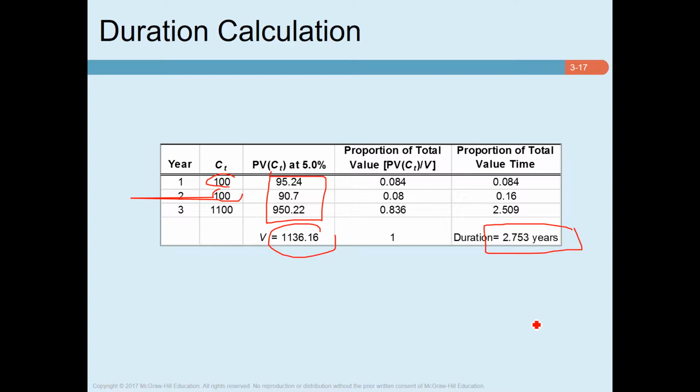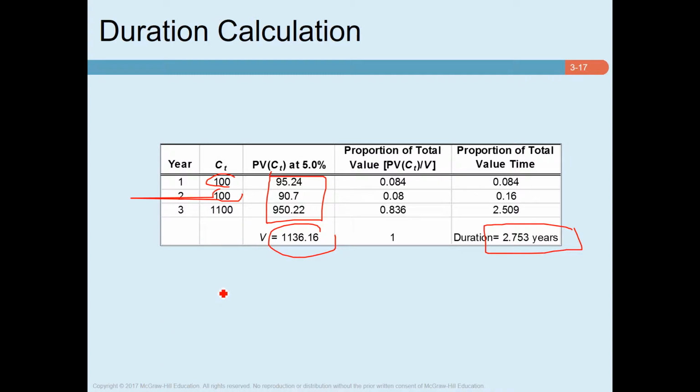You may wonder, what's the use of this duration? We mentioned that investors and finance managers track duration because it measures how bond prices change when interest rates change. For this purpose, it's best to use modified duration, or volatility, which is just the duration divided by 1 plus the yield to maturity.